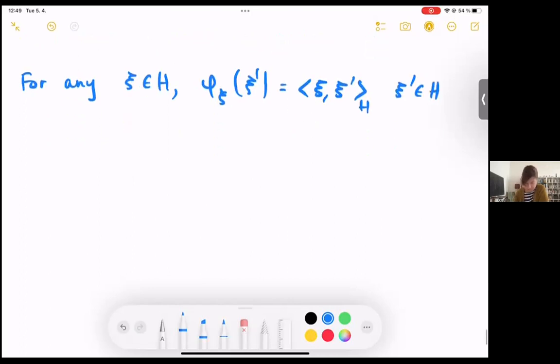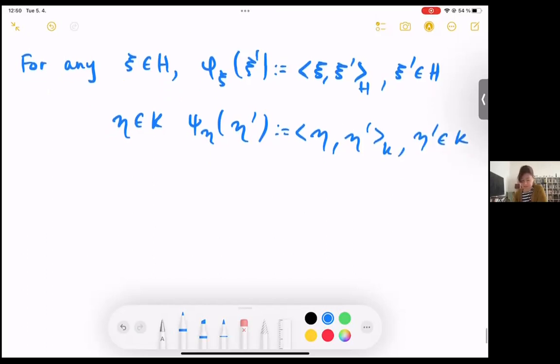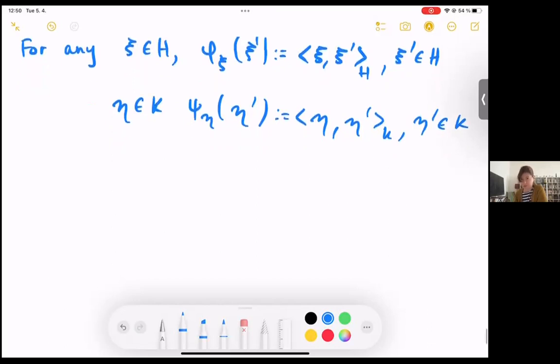And similarly, for any eta in K, we can define psi eta on eta prime to be the inner product of eta and eta prime in K. Then these are conjugate linear maps, since our inner products are assumed to be conjugate linear.